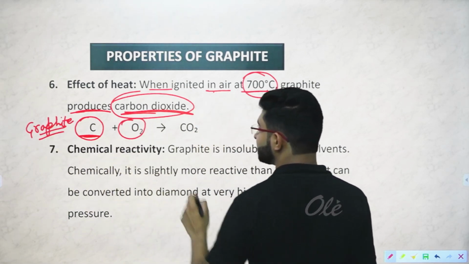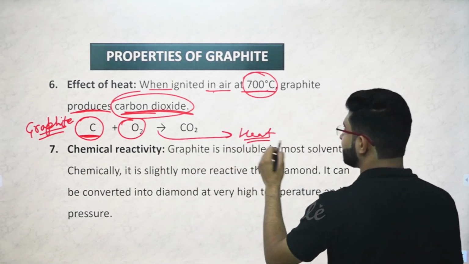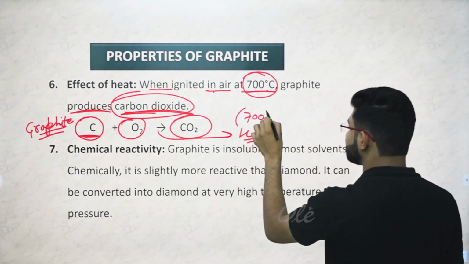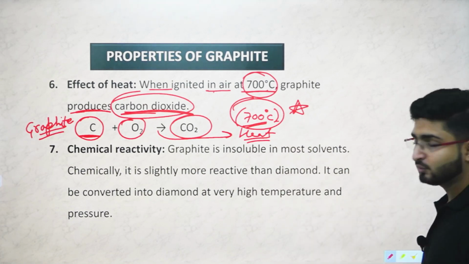In the presence of oxygen, when we give heat and burn it, it changes into CO2 at 700 degrees Celsius. Please remember it, because this is the main point which you have to consider.